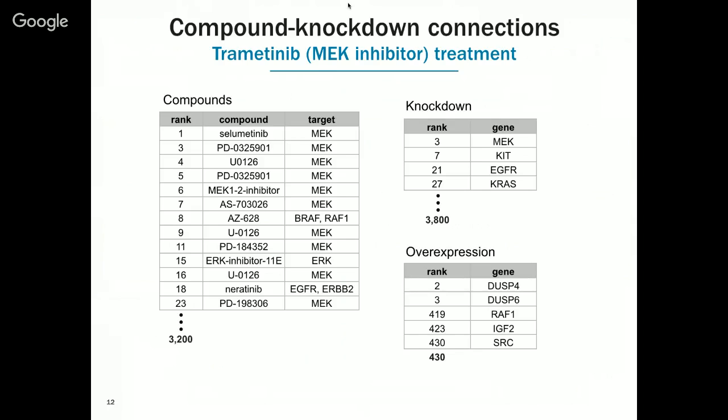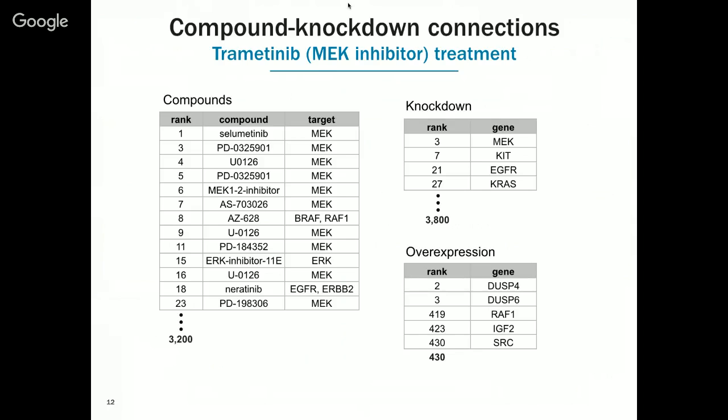You can also extend this to genes where either the knockdown of the gene or loss of function correlates with your input query, or also importantly in this particular case, where overexpression of a given gene also phenocopies the act of the compound that was used to treat the cells.